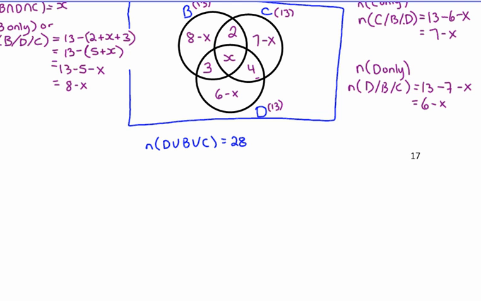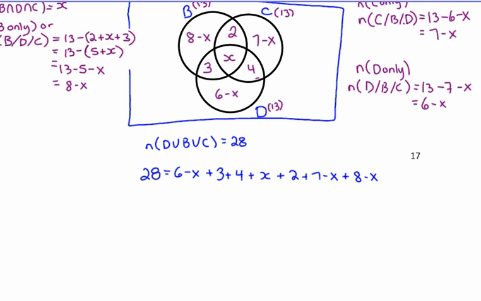So 28 is equal to, so let's add them all together. We have 6 minus x plus 3 plus 4 plus x plus 2 plus 7 minus x and 8 minus x. So we're adding all of those together.